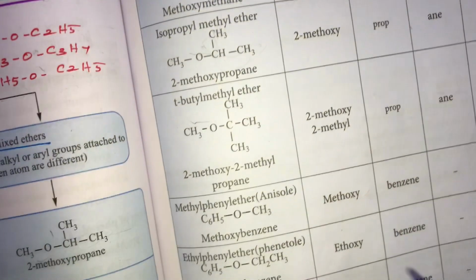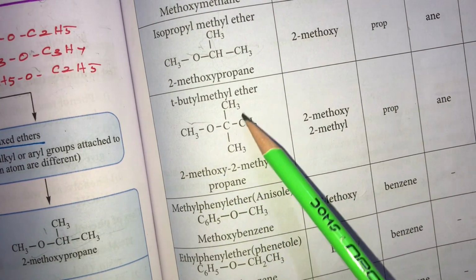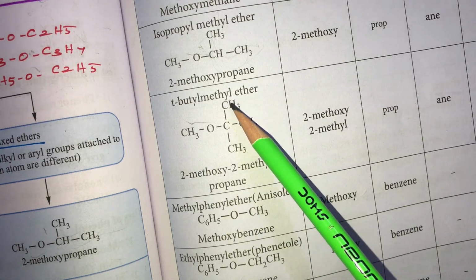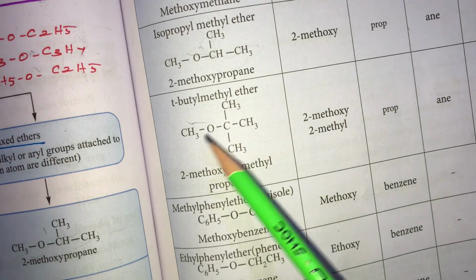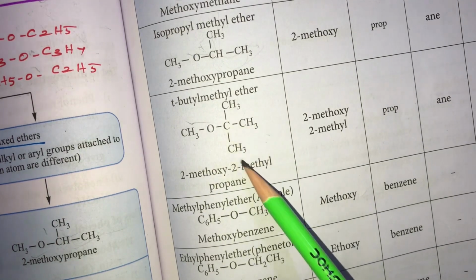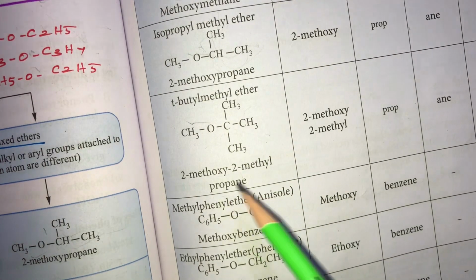Another one is tertiary butyl methyl ether, where the carbon is tertiary in nature; its name is 2-methoxy-2-methylpropane.